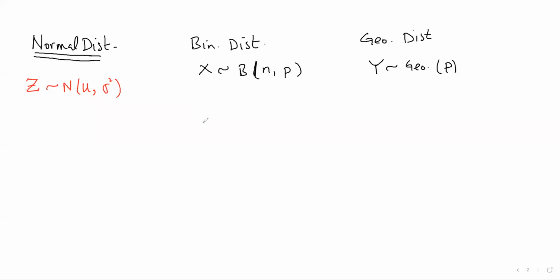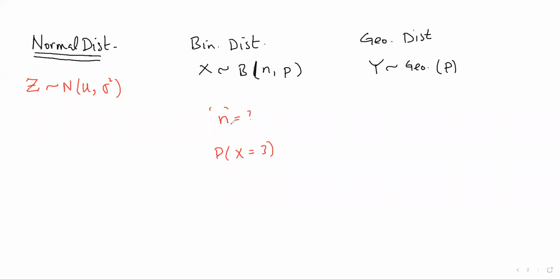One of the differences between the normal distribution and the binomial distribution is that here, this n is very important. You must know, when you have to find the number of heads in an experiment where you're tossing a coin, say the probability that you get 3 heads, how many times you are tossing this coin.